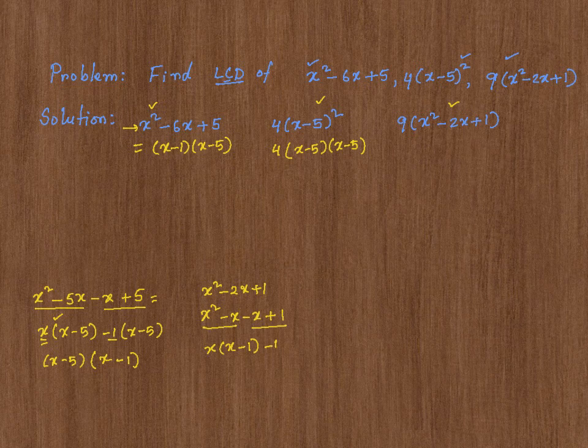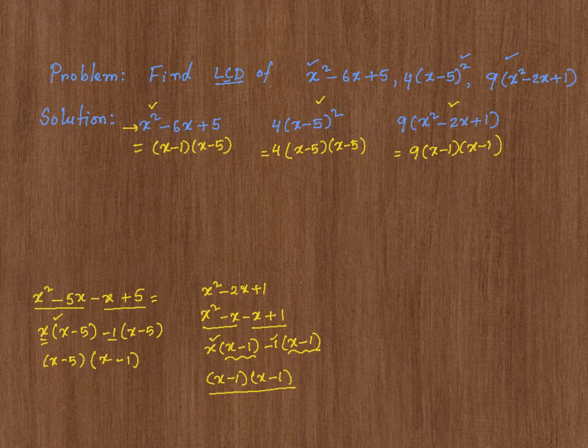Between the second two, if I factor out negative 1, that's going to give me x minus 1. Now I could factor out x minus 1 again. If I did that, I have x here and I have negative 1 here. It's a perfect square, x minus 1 whole square. So this becomes 9 times x minus 1 times x minus 1.